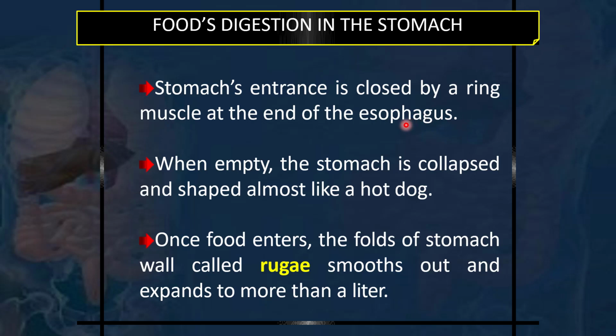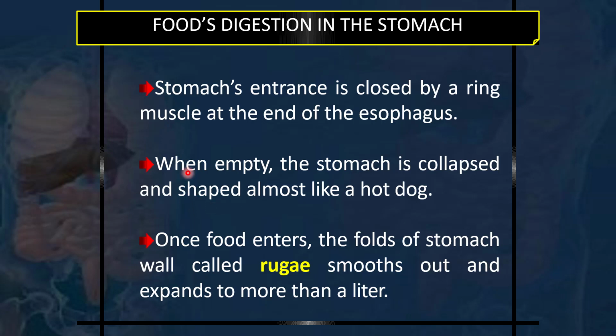You must know that the lower part of the pharynx continues as the esophagus, and the esophagus opens into the stomach. The junction of the esophagus with the stomach is called the GE junction, the gastroesophageal junction, and that is the beginning of the stomach's proximal end, which is called the cardiac end of the stomach.